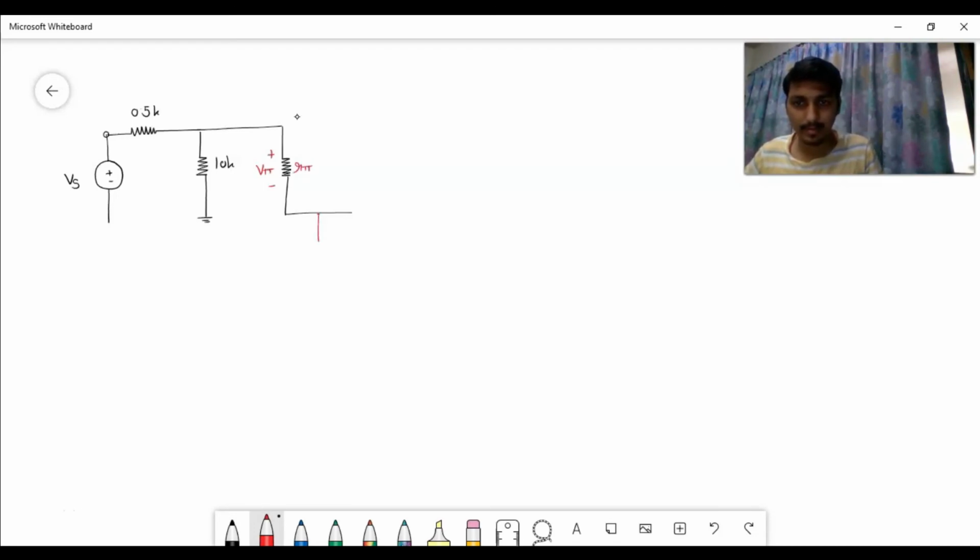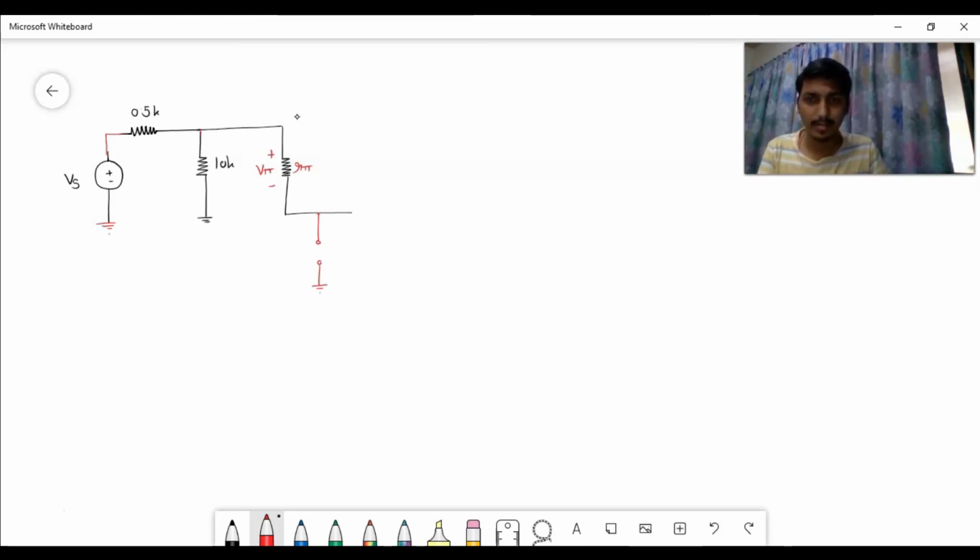This is your open circuit. Okay, so here it will be like this. So basically we have to find V pi in terms of Vs.